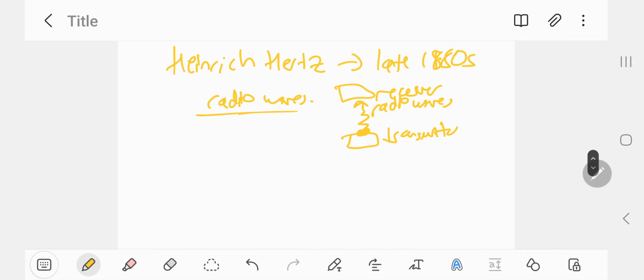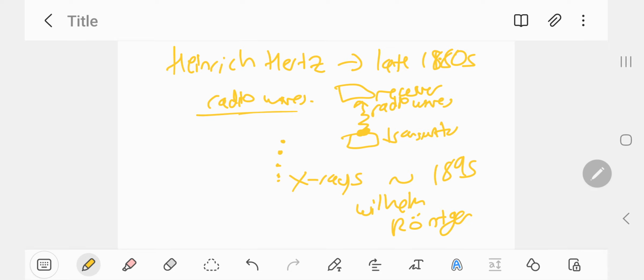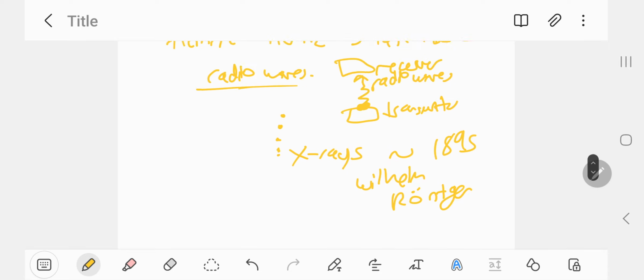And then years after that, there were many other discoveries of different types of waves. X-rays, for example, came about roughly in the year 1895 by a physicist named Wilhelm, another German, Wilhelm, I can't pronounce his name, I believe it's Röntgen. He discovered X-rays.